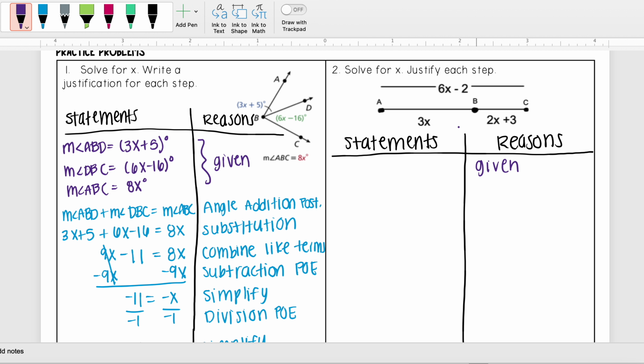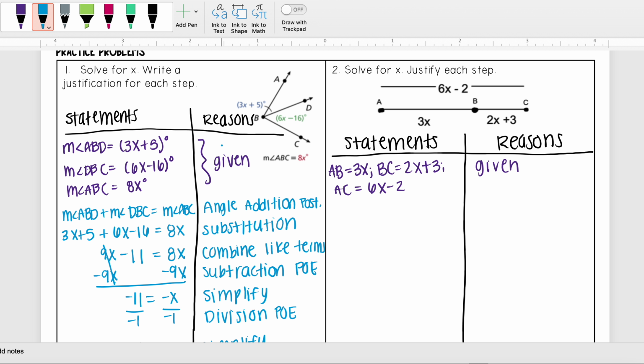And so I'm looking at my diagram here, and I have 3 different pieces of information. First, I know that AB is equal to 3x. I know that BC is equal to 2x plus 3. And I'm also given that AC is equal to 6x minus 2. So all 3 of those are my given information.